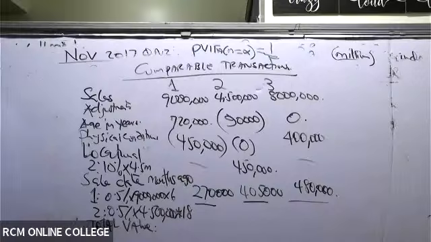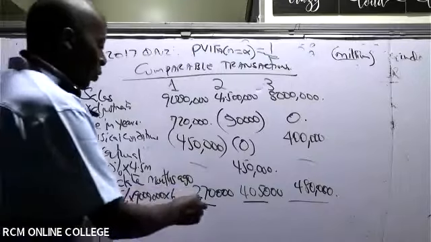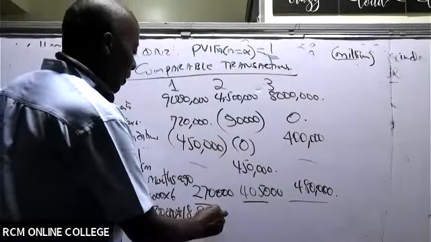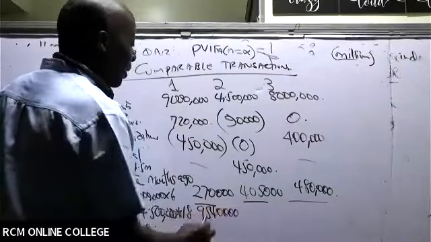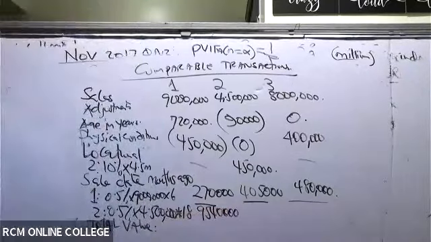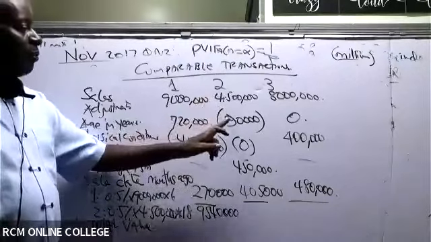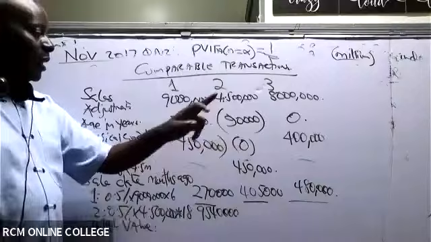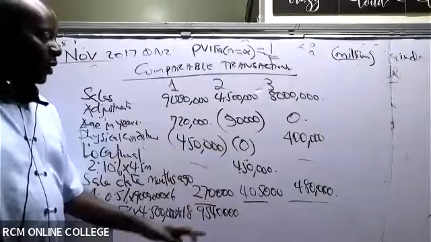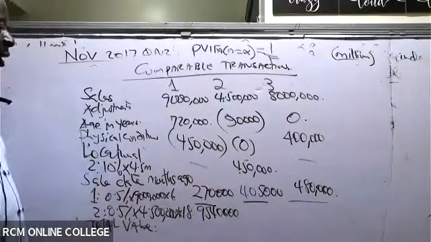So the first one is 9,540,000. How about the second one? For the second one, you are only using your calculators here. So this minus 90,000. This is nothing. Plus 450,000. Plus 5,000. Give me a figure.